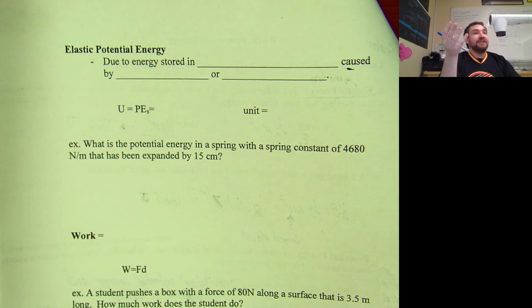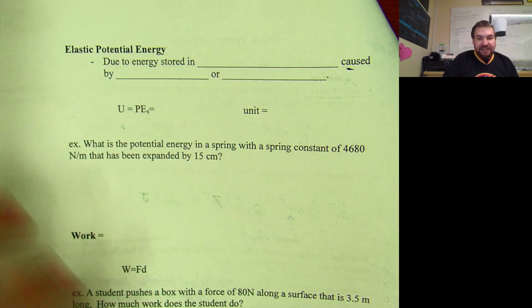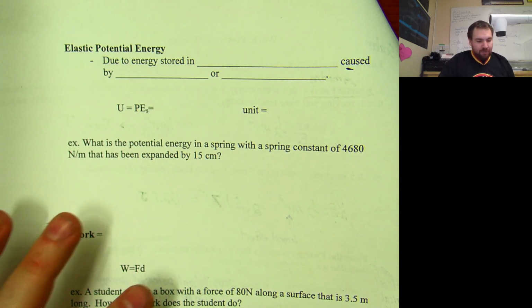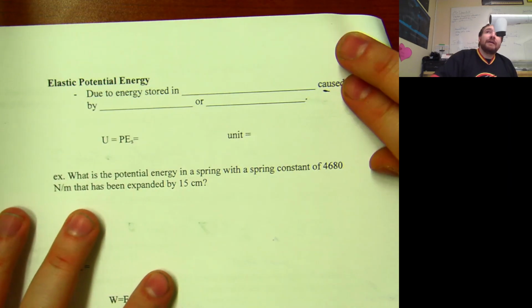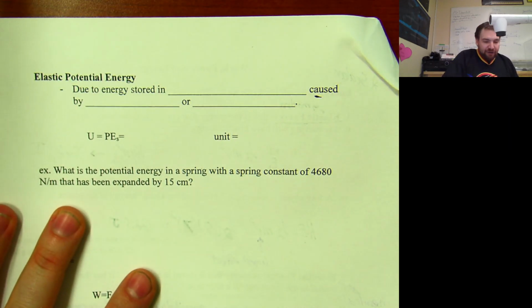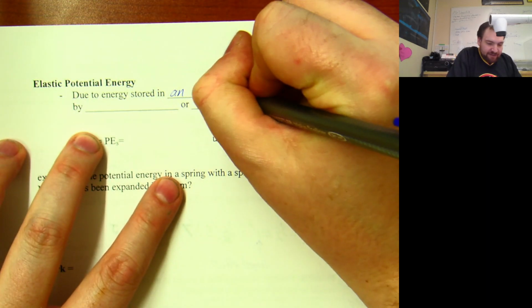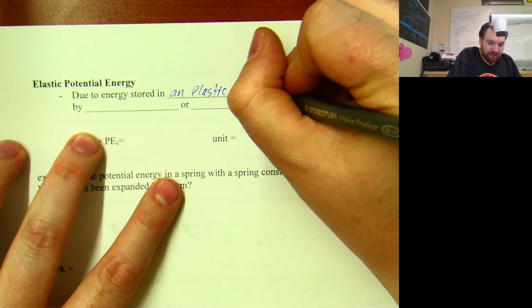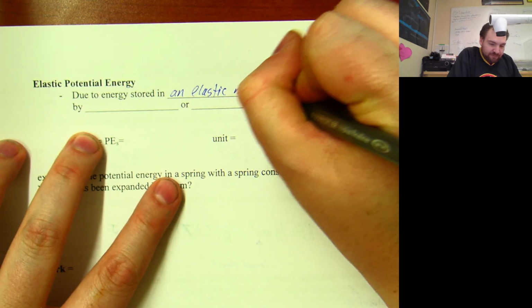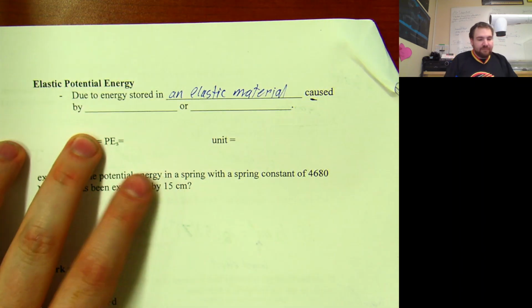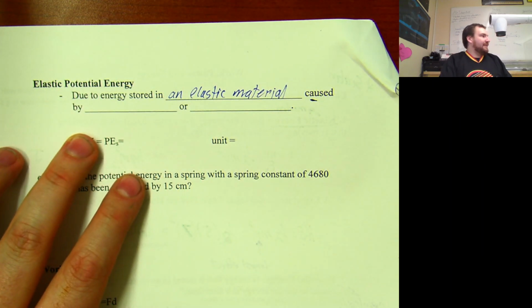The second kind, we already talked about it. I already told you we were going to talk about it, is elastic potential energy. And this is due to energy stored in an elastic material. There's a whole bunch of different kinds of elastic material.